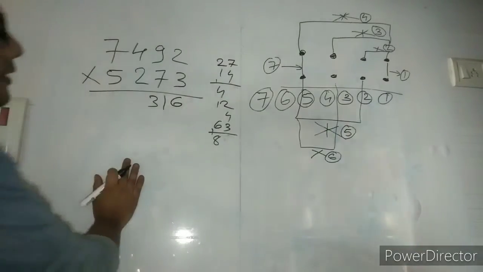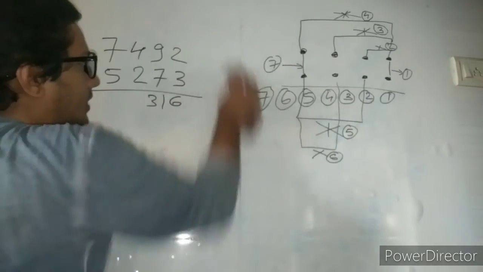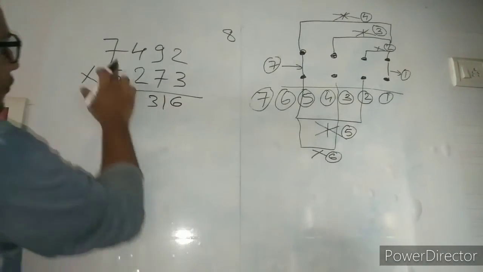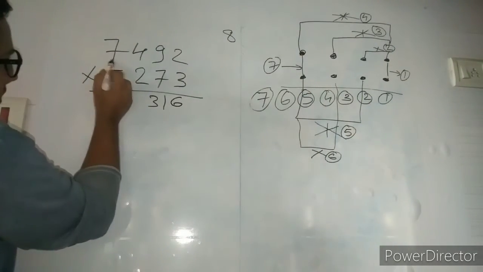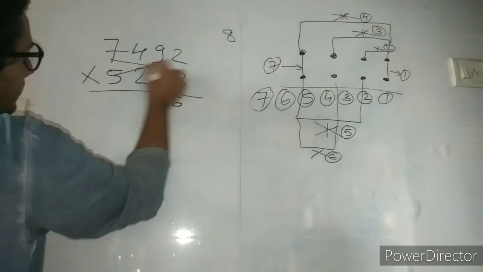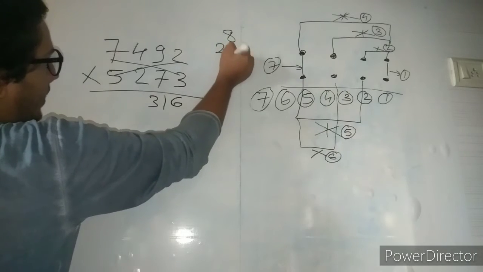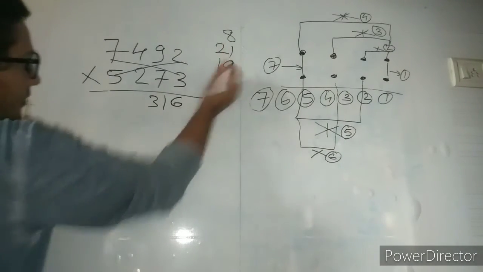Fourth step, so guys I'm writing here, this is 8 carry forward to the next step. For the fourth step, 8 here. This one cross multiply, 7 3s are 21, 5 2s are 10.